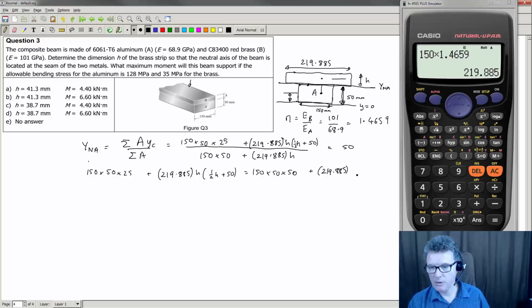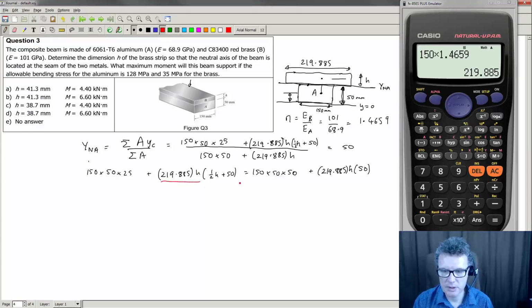The thing that makes this question doable is that you might notice this times this equals this term here.